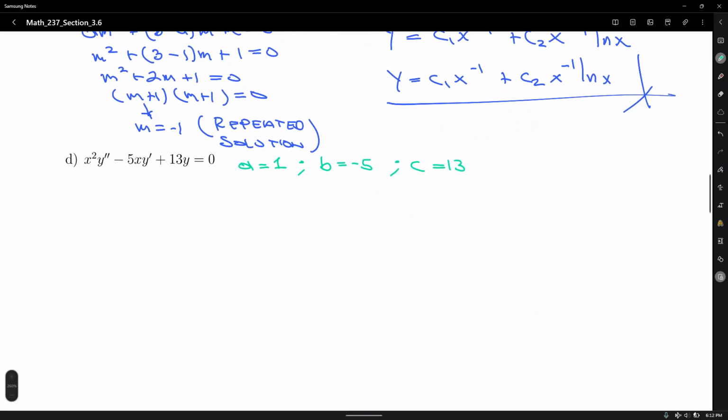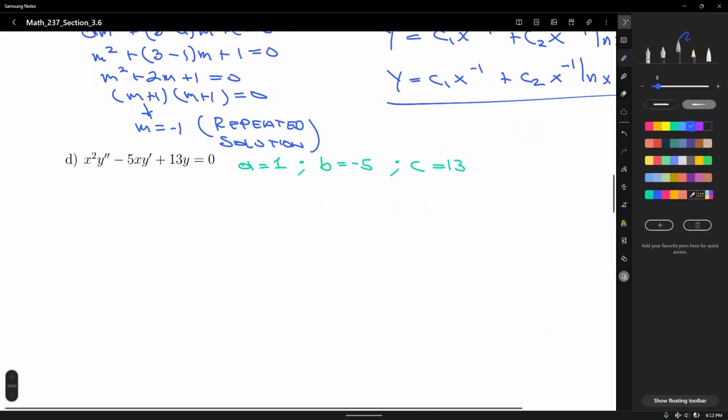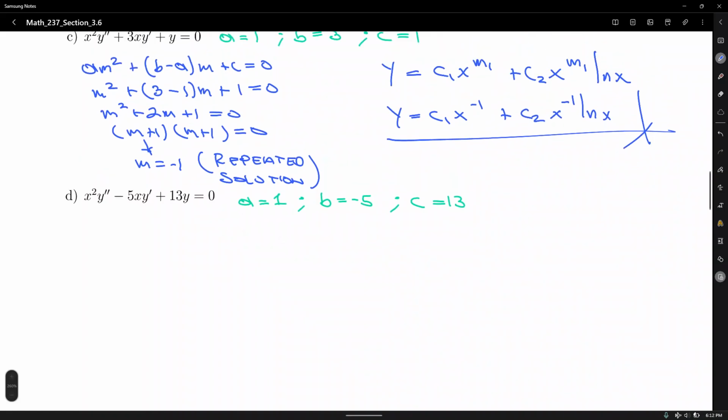Okay, so substituting the coefficients into the auxiliary equation, that is a m squared plus (b minus a) m plus c equals 0, where a equals 1 times m squared, that's simply m squared, plus b minus a, which is negative 5 minus 1, times m, plus c, which is 13.